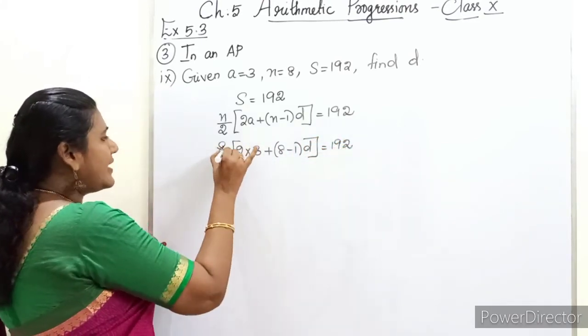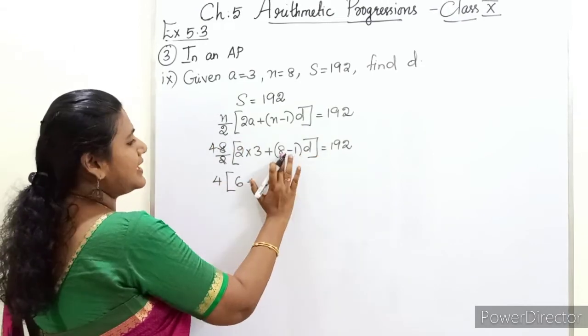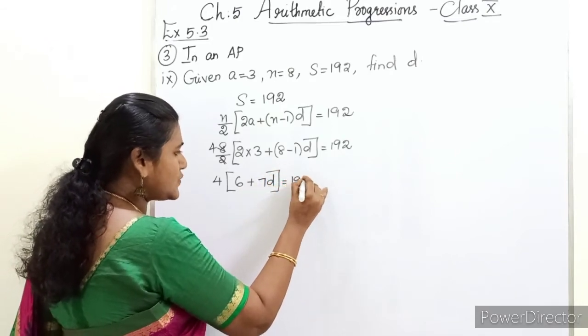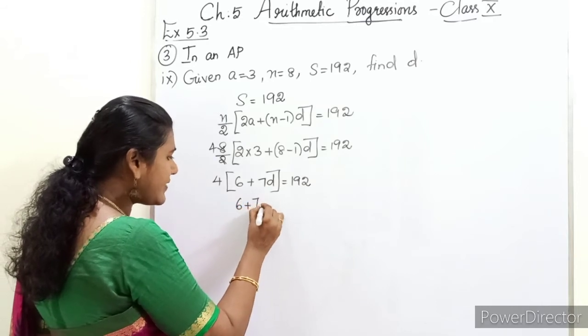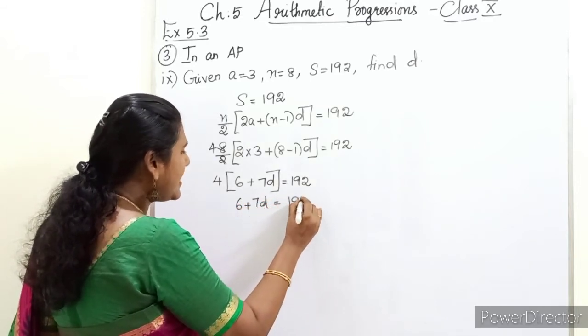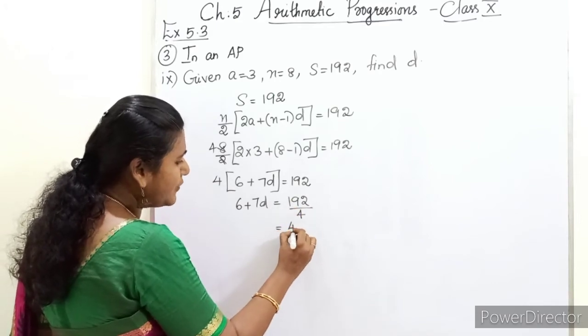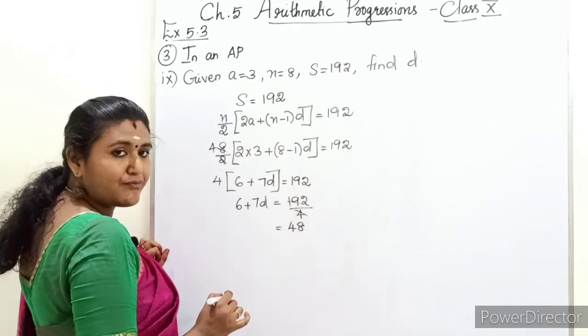Now we will simplify here. So you will get 4 into 6 plus 7d is equal to 192. So this 4 we will take to the right side. So 6 plus 7d is equal to 192 divided by 4. So when you simplify this, you will get 48 as answer. When you cancel, you will get 48.